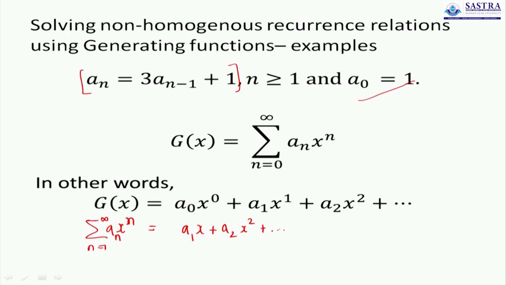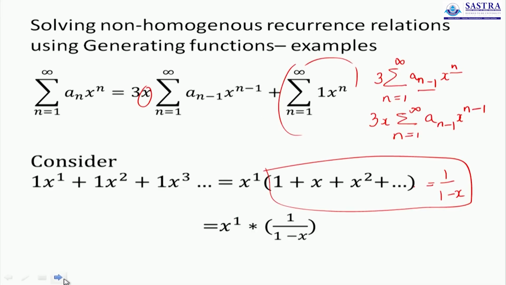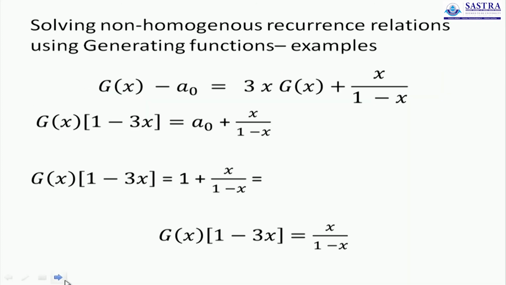So what is the difference? This answer is actually g of x minus a naught. It is nothing but all of g of x from which you have removed the first term a naught. This is reflected in the simplification over here. The LHS, which was a summation from 1 to infinity, has been rewritten as g of x minus a naught.